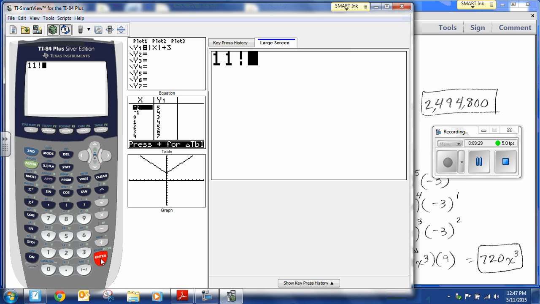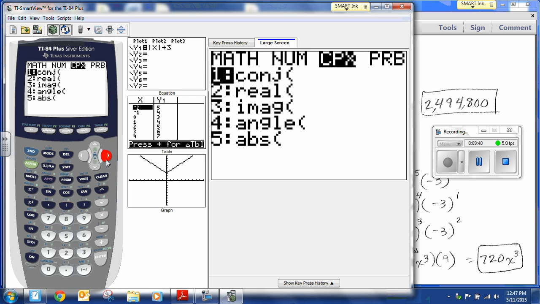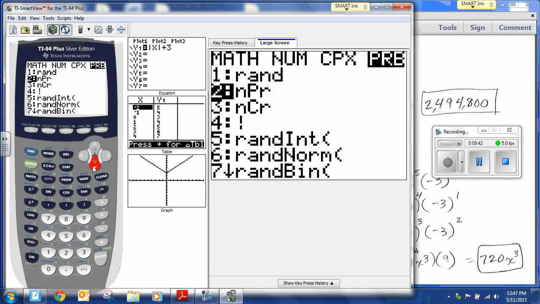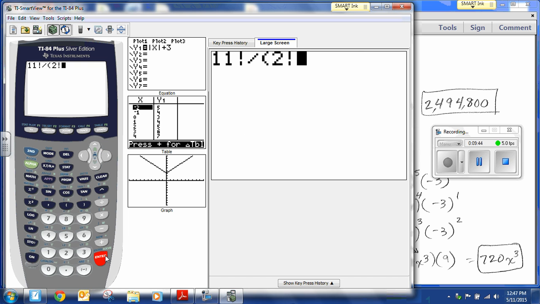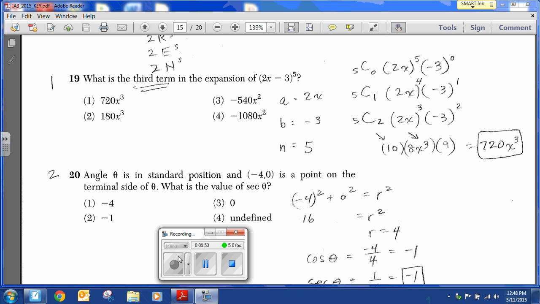It's an exclamation point. So there's 11 factorial divided by 2 factorial, and after plugging them all in the calculator, you end up with 2,494,800.